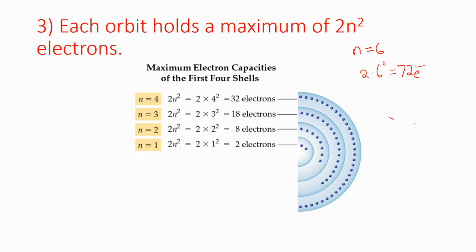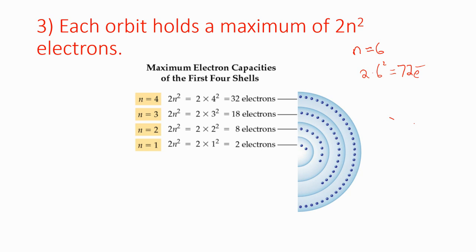One argument against this idea is that electrons are very, very tiny. They're much more tiny than pictured here, and they don't take up much space. So why does the first orbit only hold 2 electrons? Surely you could fit 5 or 10 or even 50 electrons in that first orbit.